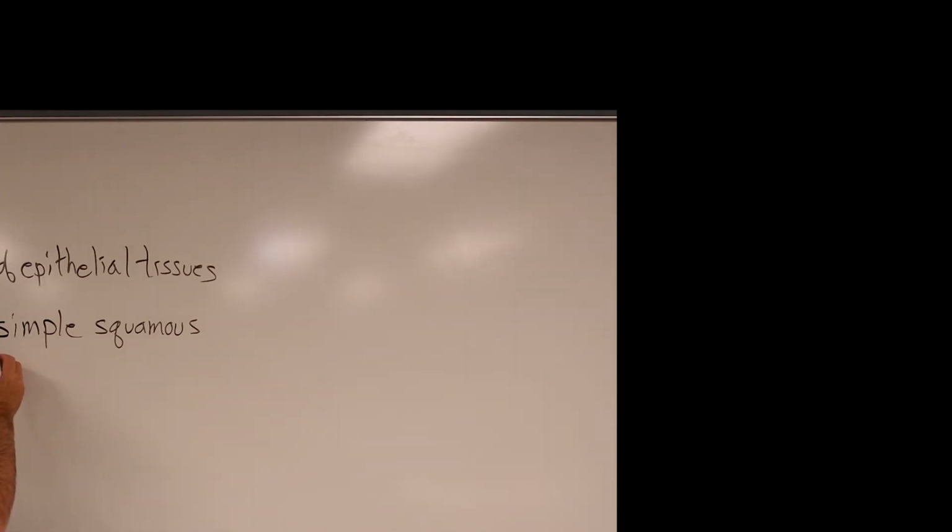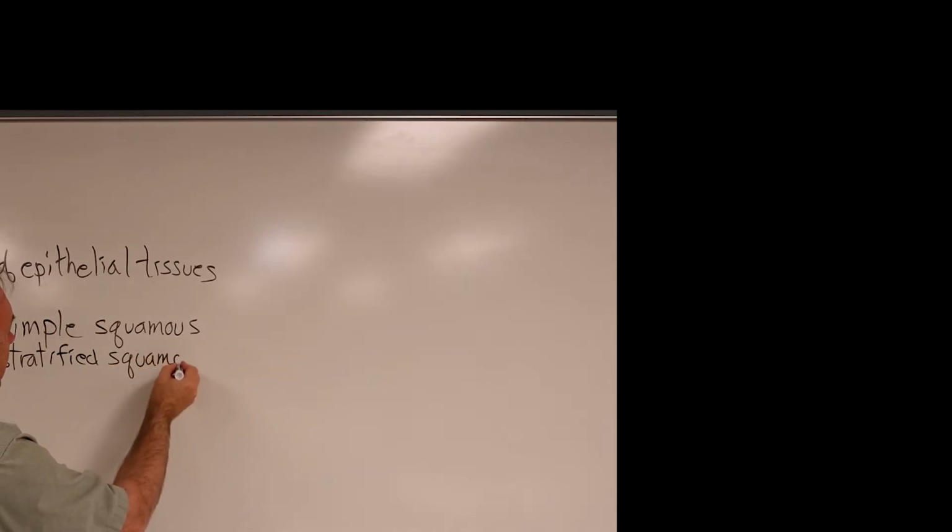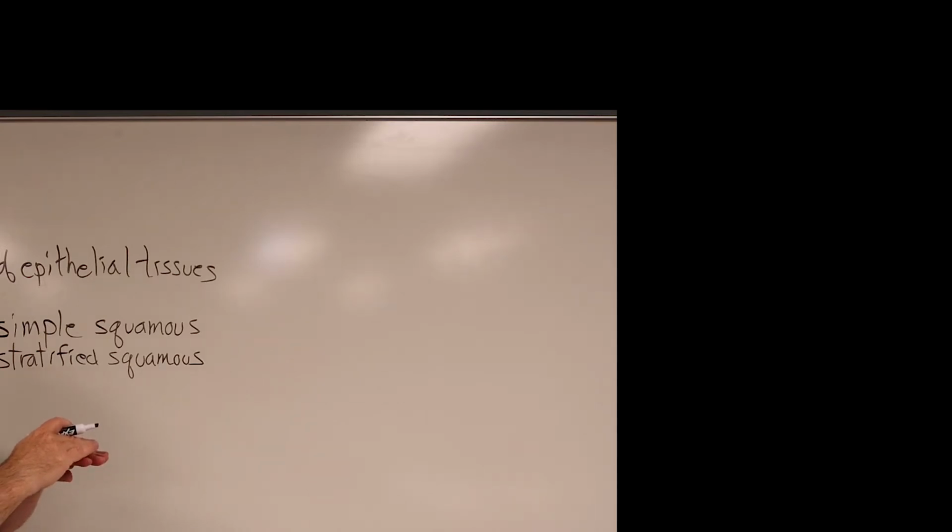Next would be stratified squamous. Here you have many layers of cells, several layers of cells stacked one on the other, and only the top layer has to express that squamous shape. The ones down at the base of the layer near the basement membrane don't need to do that.